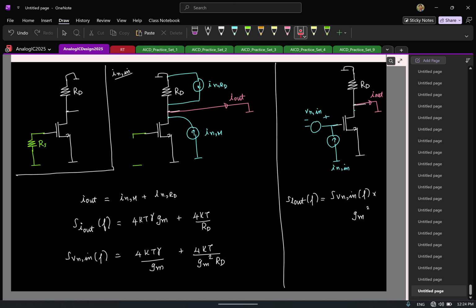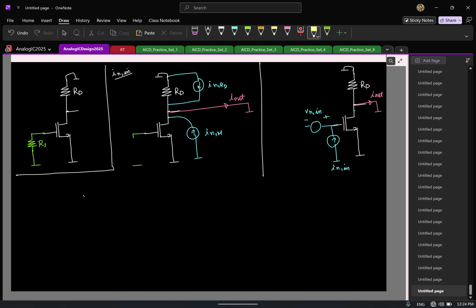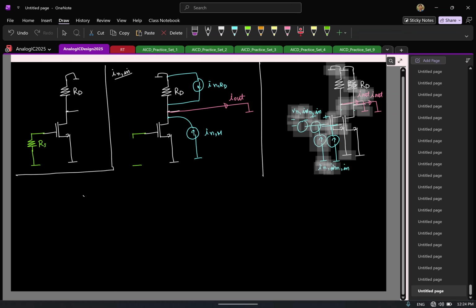Correct. So here once again you can find what is S_Iout of f. Let's not worry about that. You'll get something. I don't want to calculate that. But what is relevant is the gain we have here, right? So let me actually make some space. Good.